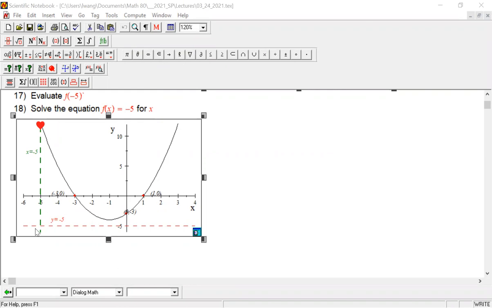How about the red? Do you think the red horizontal line will touch the curve? Madison, do you think the red horizontal line will touch the curve?